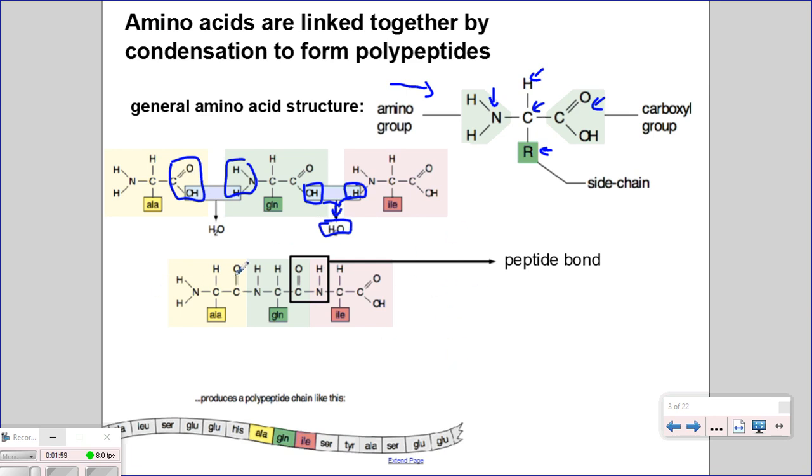And so you can have a whole string of amino acids bonded together through that peptide bond, which will produce a polypeptide chain. So a polypeptide chain is just many amino acids linked together. So, poly meaning many. And then the peptide is going to be made of our amino acids.